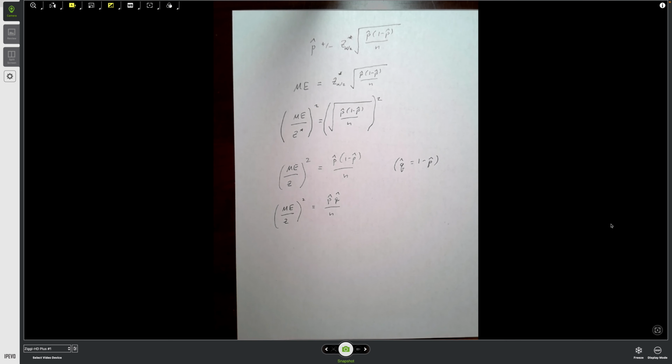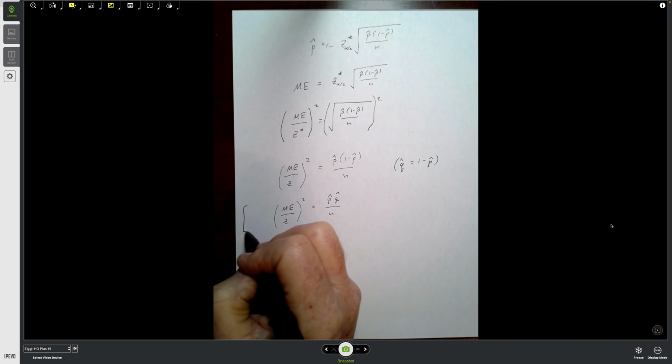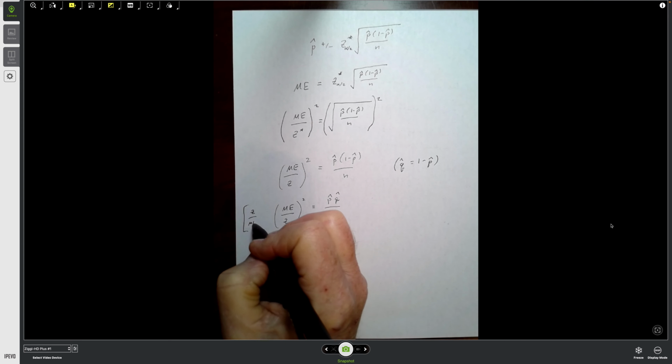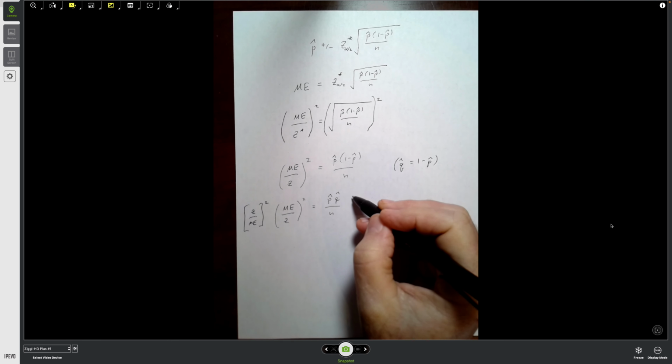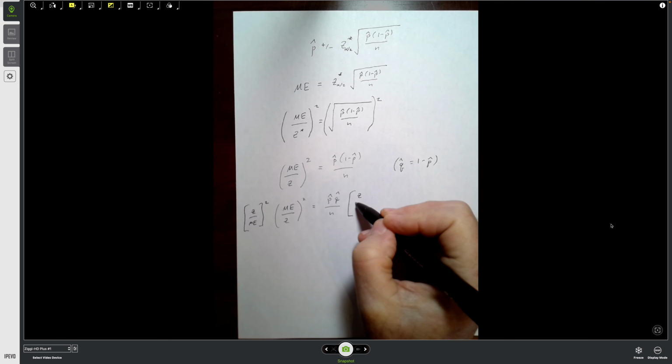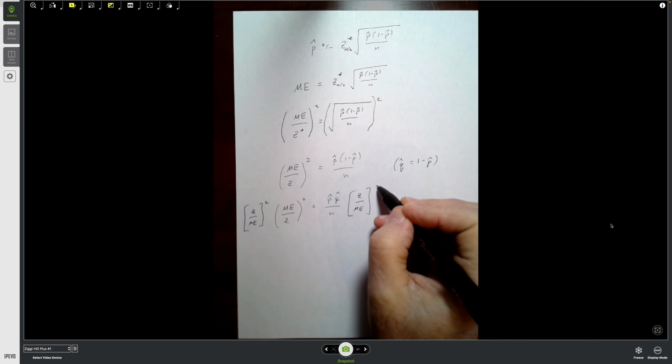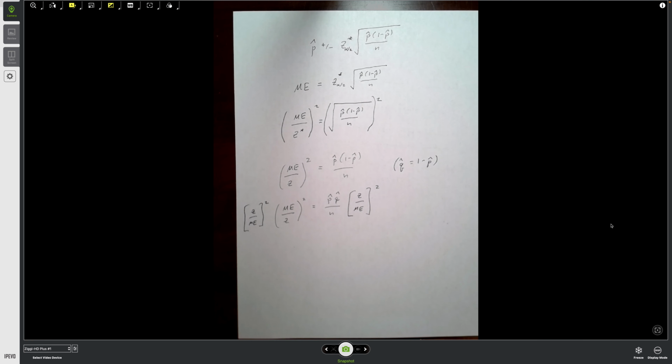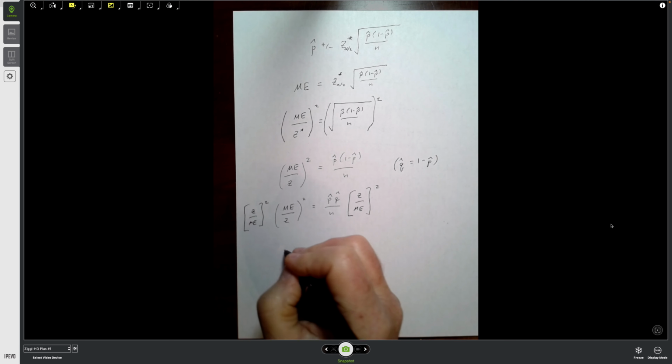Now, the next thing I need to do is multiply. There's a trick I can use, but I don't know whether to use the trick or just work it out with you. So what we could do is multiply both sides. This is not the way I would do it, but if you struggle a little bit with algebra, this might be better. On the left-hand side, I just get this multiplied by this, which is going to be equal to 1.